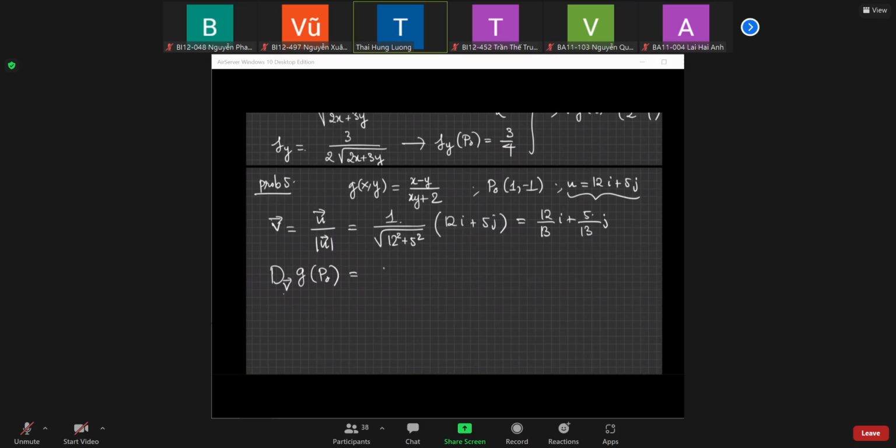And it is given by this formula. It is the scalar product of the gradient vector of g at p0 and the direction v.